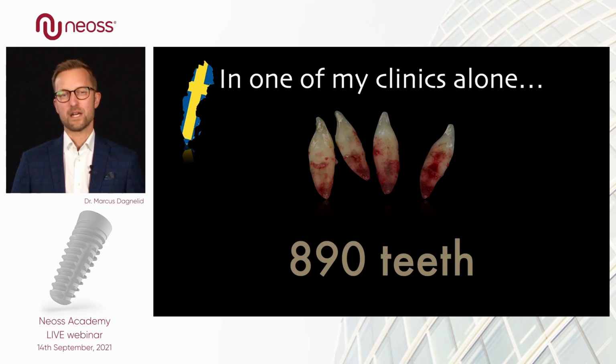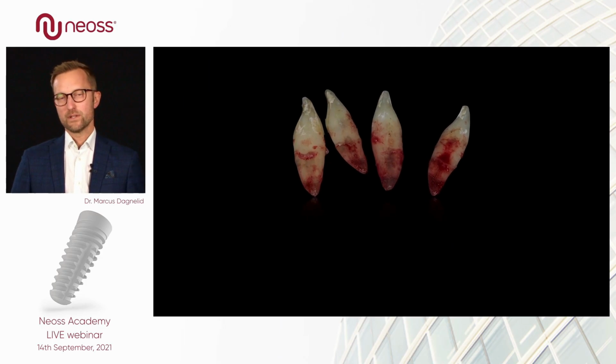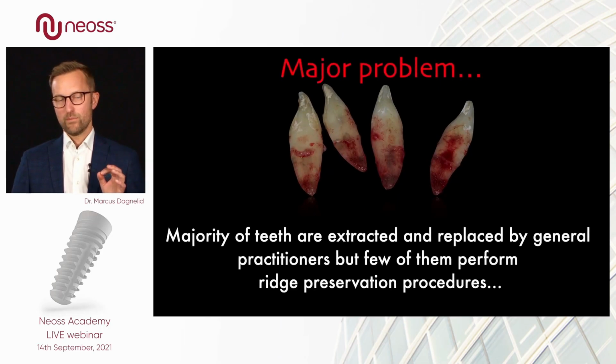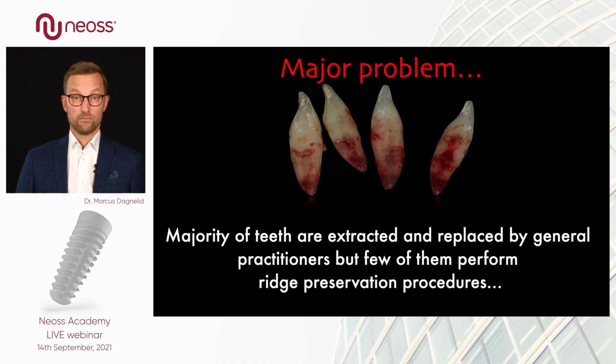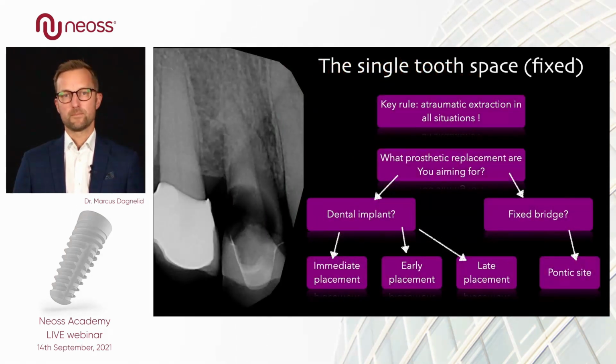So almost 1,000 teeth just in one of my clinics. But there's a huge problem here, because the majority of teeth that are extracted and replaced are most likely handled by general practitioners, but very few of them actually perform ridge preservation procedures. So of course, that is something that we have to remedy.